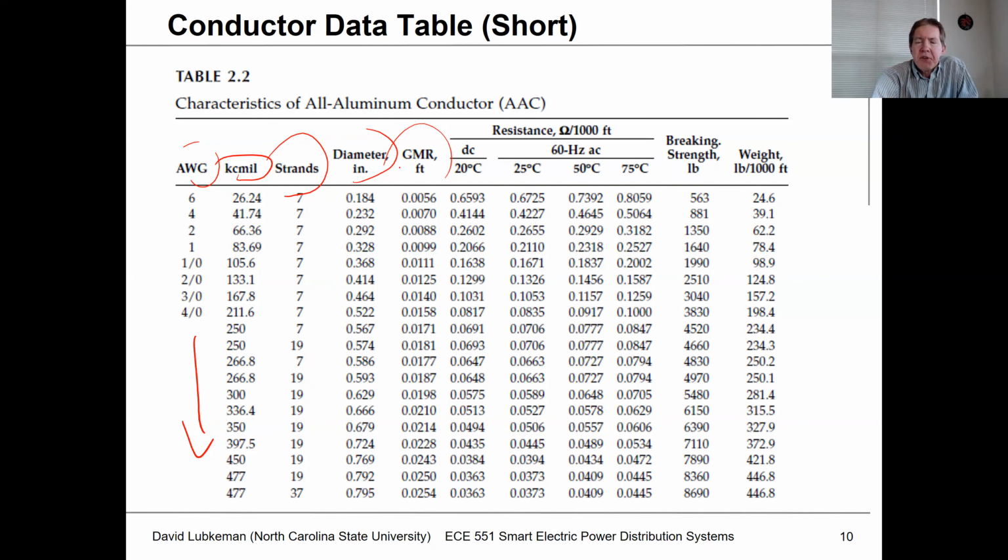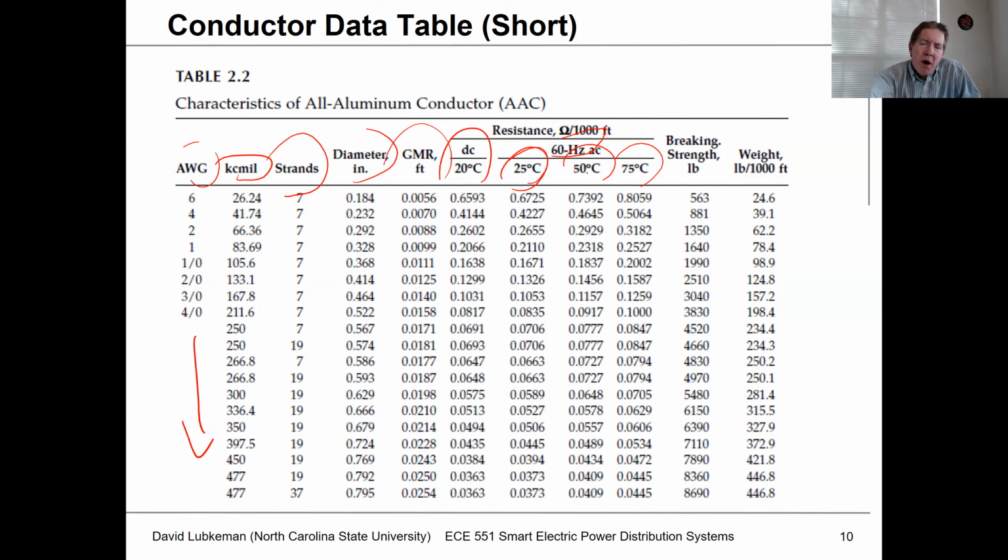And then you'll see different types of resistances. You'll see a DC resistance, which isn't really all that useful because we're going to operate this at 60 hertz. But at the fundamental frequency, you have these numbers at 25, 50, and 75 degrees centigrade. And this would be the temperature of the wire. Where this comes into play, if I have a lightly loaded wire, there's not much heating effect, and so maybe we're going to be around 25 degrees C or so.